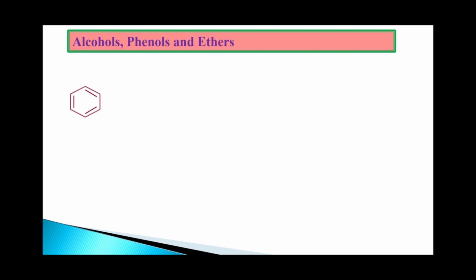Let us see it in the same reaction form. Benzene, when sulfonated with oleum, that is H2S2O7 or H2SO4.SO3, gives benzene sulfonic acid, C6H5SO3H, where one hydrogen is replaced by SO3H.